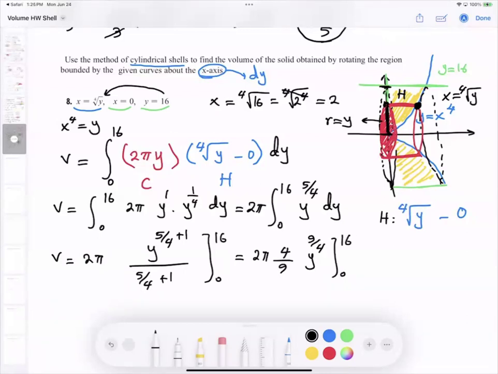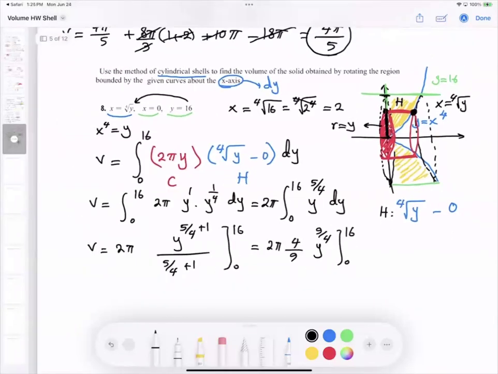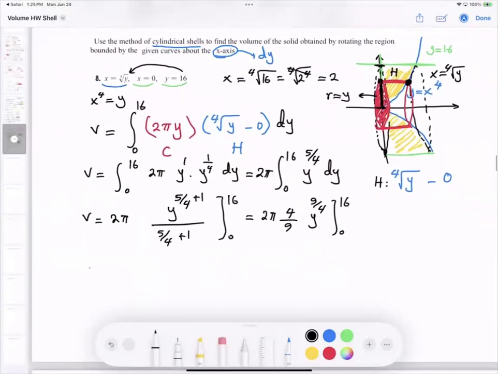But remember that 16 is 2 to the power 4. The volume is 2 pi times 4 over 9, and here you have 2 to the power 4, to the 9 fourths. You can cancel out 4 and 4, and you get 2 to the power 9.